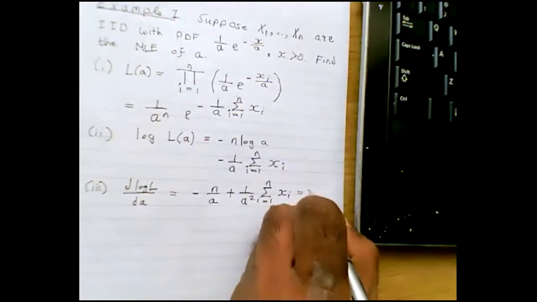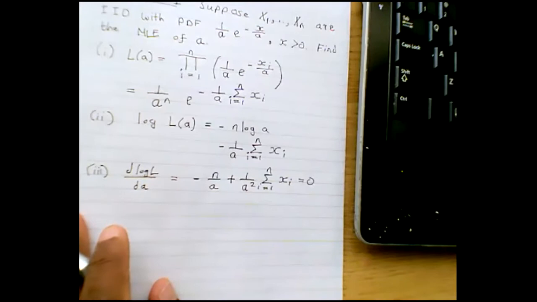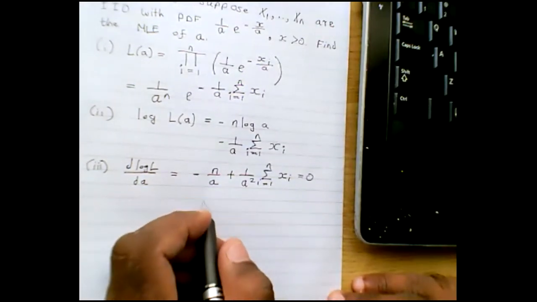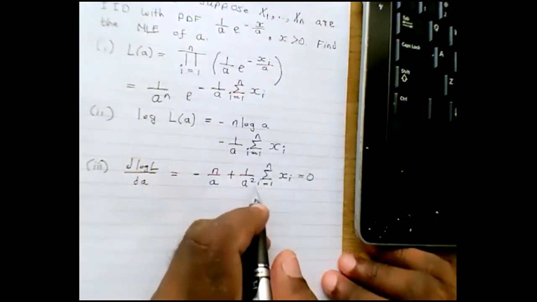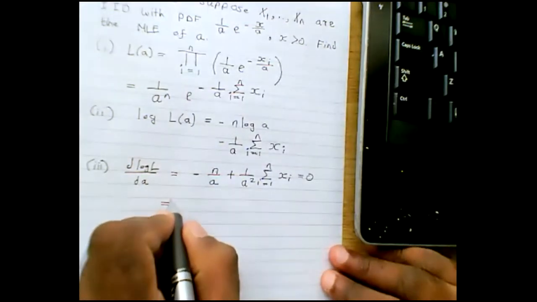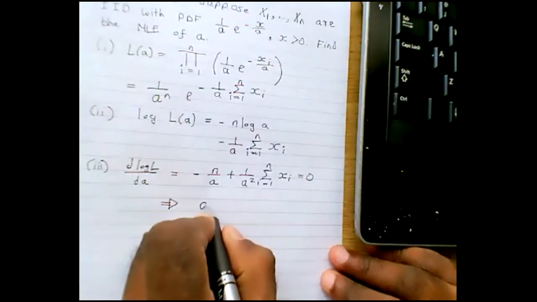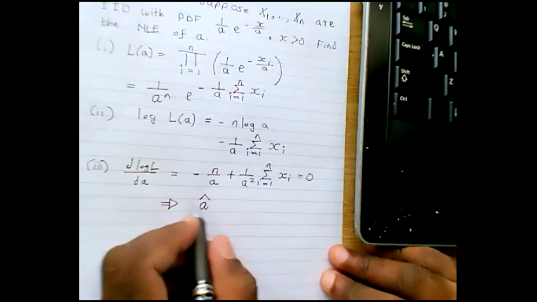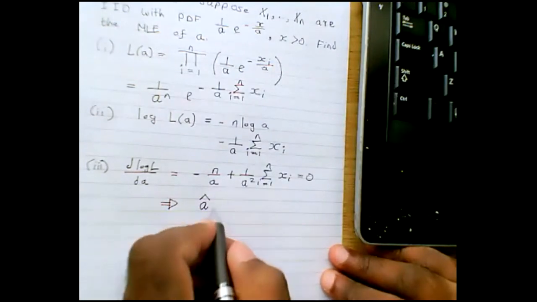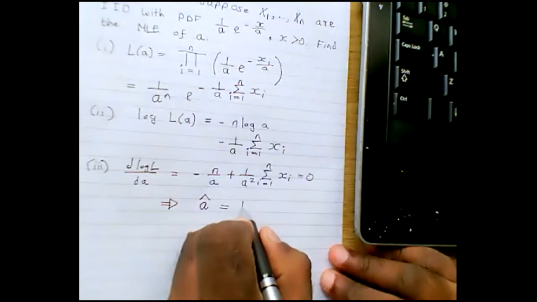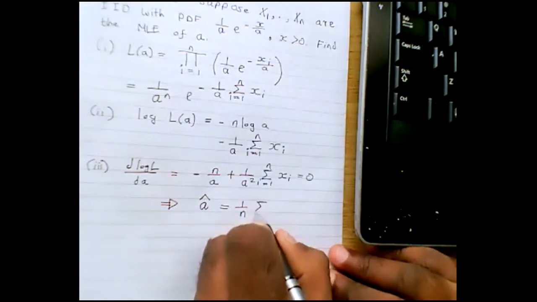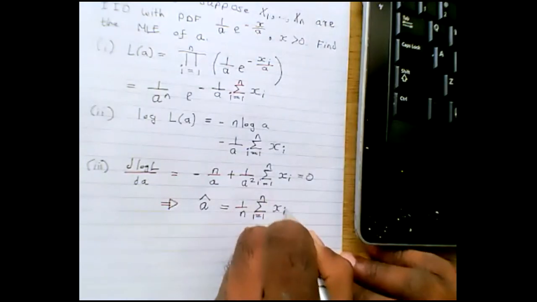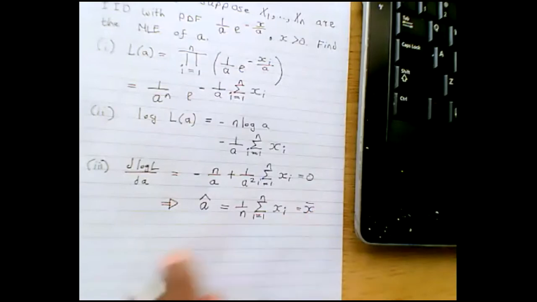You set this to 0 and solve for A. It's easy to see that the solution, you always put a hat on top, is A hat, which is equal to 1 over n times the sum of x i, which is basically the sample mean, you may recall.